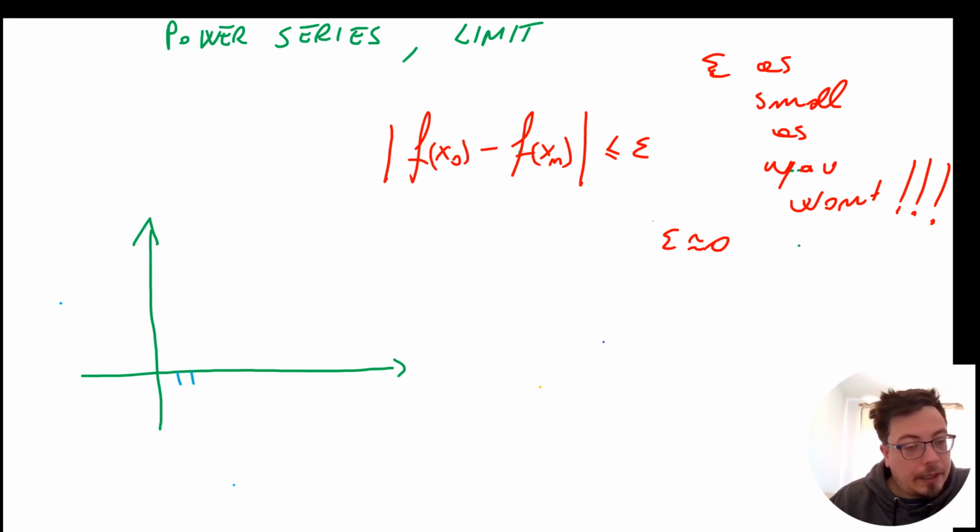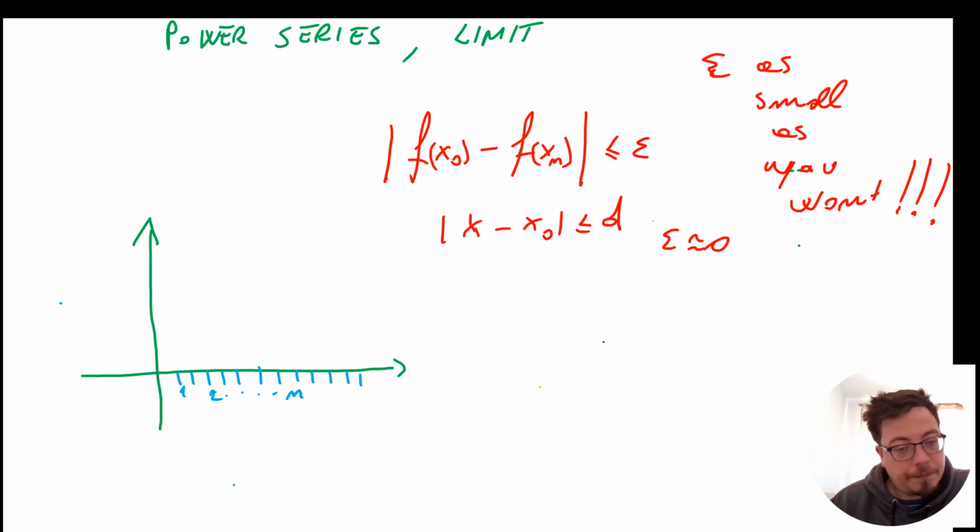So suppose that these are n, the values of the elements around, so that x minus x0 is less than d, as we said. So for all the values inside this, we have a list of elements that goes from 1 to infinity. Let's call them n. And this is the value of the function in those points.